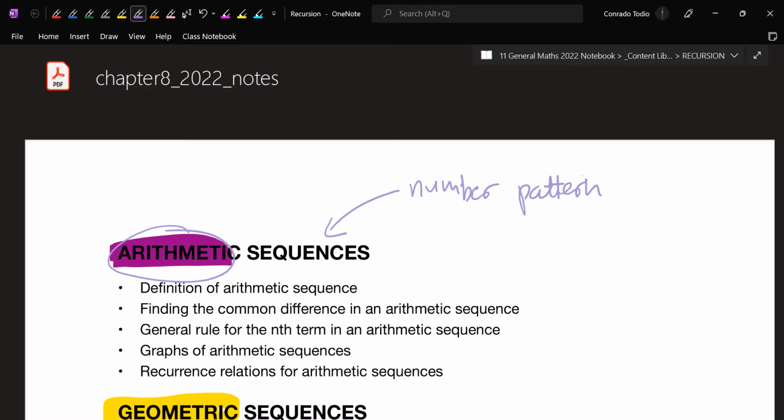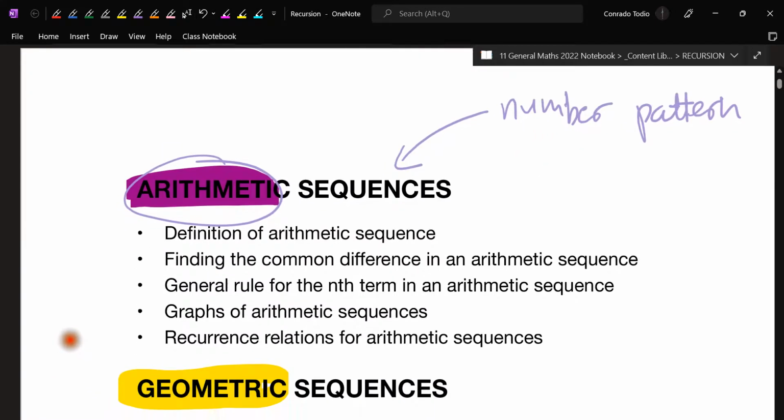When it says there's a pattern, it means there's a consistent pattern, so the numbers aren't necessarily random. There's a way to predict what's going to happen with the numbers, or a way to explain what's happening with these numbers. In arithmetic sequences, this is what we're going to look at.